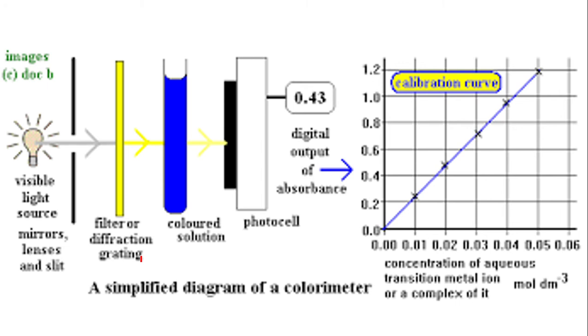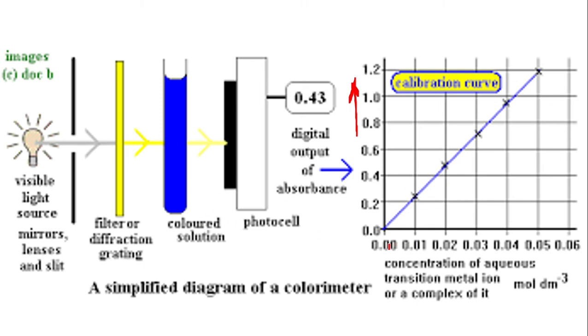In this diagram, the same idea is represented once again, but here a corresponding graph also is shown. Here we give the concentration of the standard solutions. The corresponding values of absorbance are given here on this vertical axis, and now we get a calibration curve. Then we place the test solution in that machine.